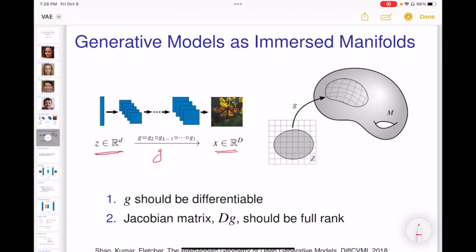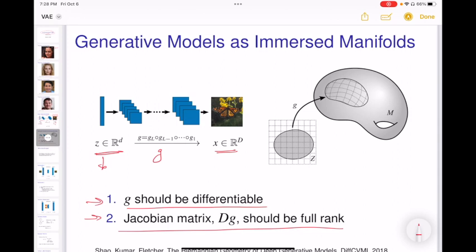And overall, we should have this condition that G should be differentiable, and the Jacobian matrix DG should be full rank. So if these two conditions are satisfied, then we can assume that this transition function, which takes you from the latent code to the data, is an immersion itself, right?